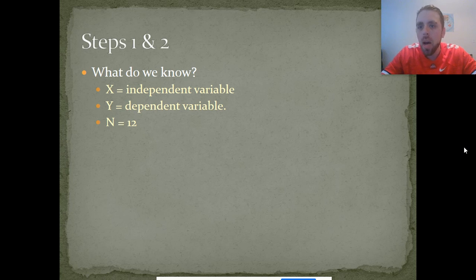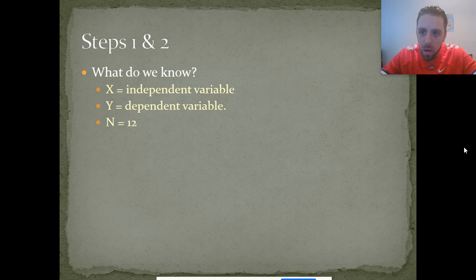Step two, hypotheses. Even though regression is always interpreted assuming a 1 unit increase in x, you have to know if you've been specifically instructed to assume a positive or negative relationship. Now, in this case, you were just asked, is there a relationship between x and y?